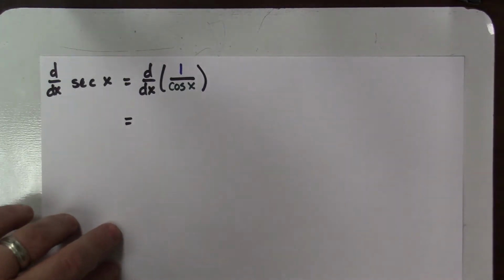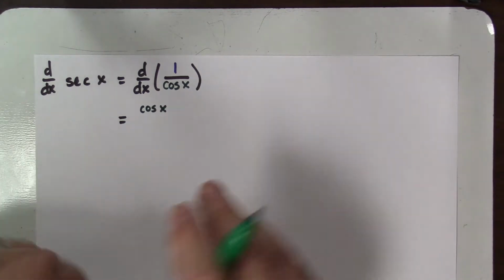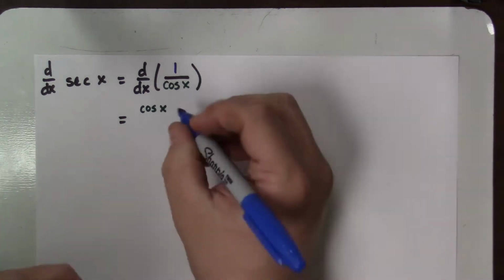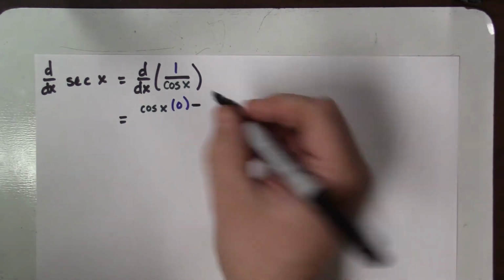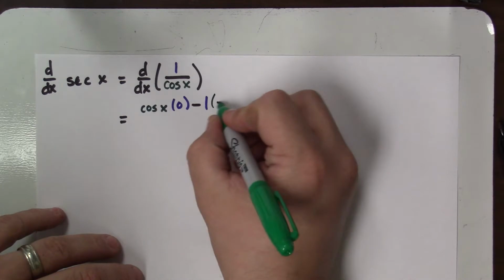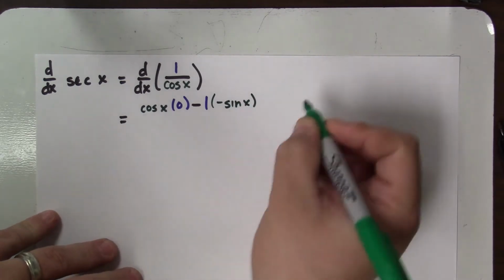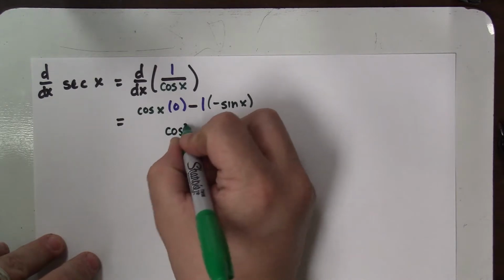Doing the same thing, I have cos x times the derivative of 1, which is 0, minus 1 times the derivative of cosine, which is negative sine x, and that is over cos squared x.